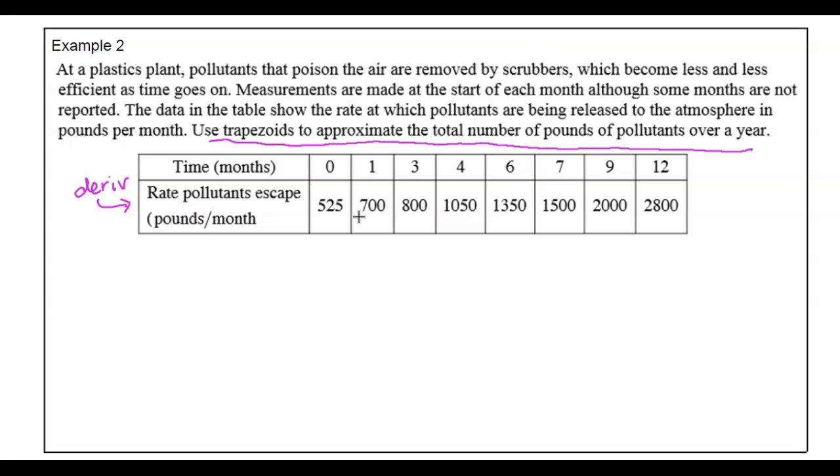So remember, what we're really trying to do is when we integrate over a year, so from 0 to 12 months of our function, we'll just put f of x. Well, that's the derivative. So that's the rate of pollutants. So when we integrate, we're actually finding the original function, which is the number of pollutants.